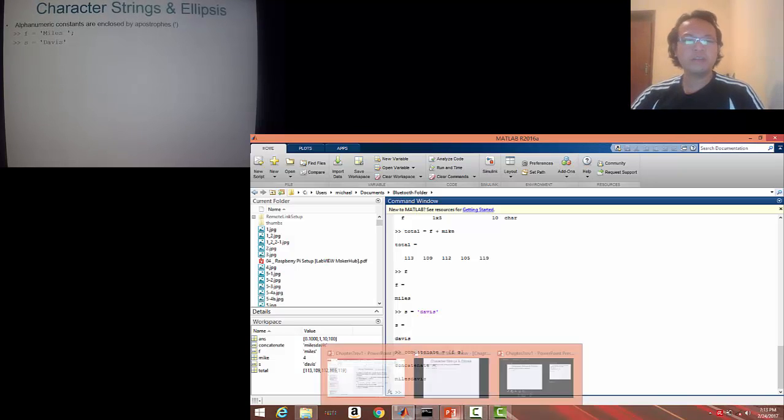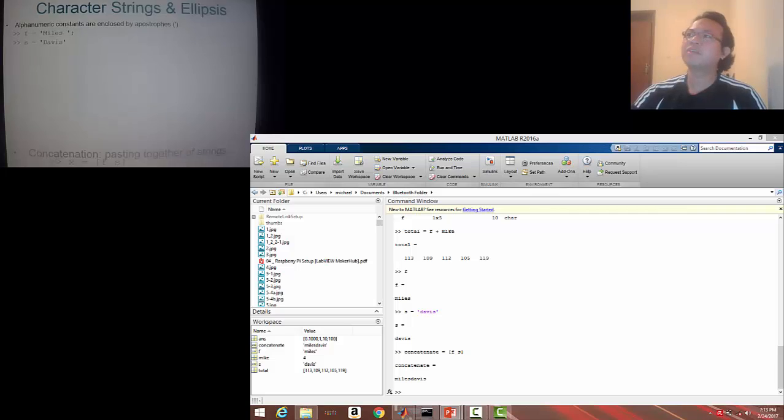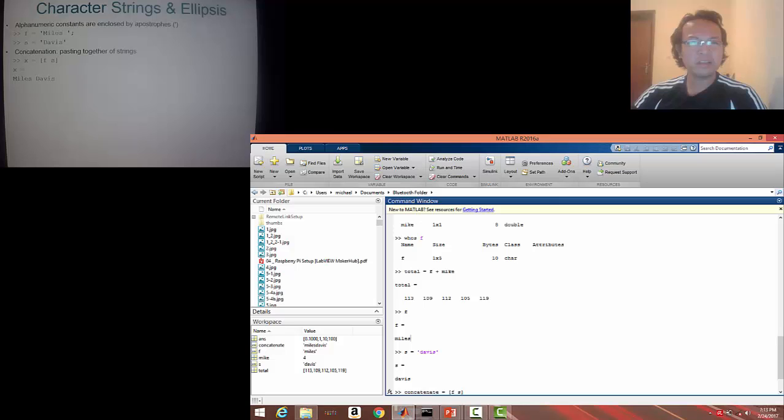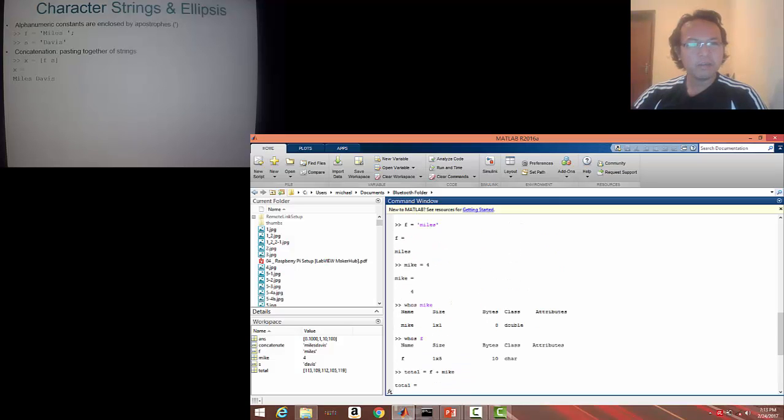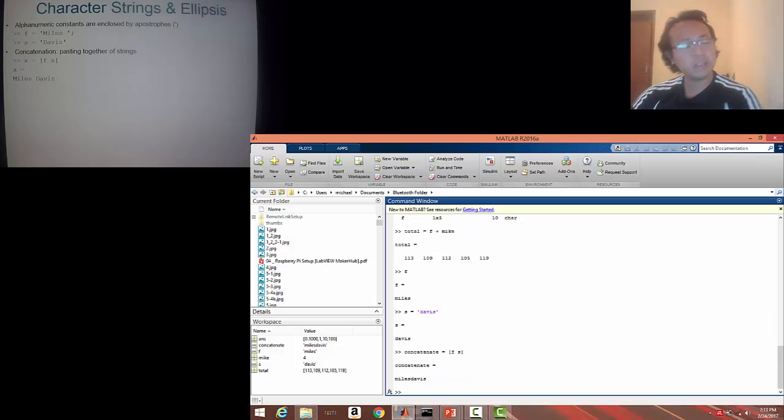Okay, so it's like you add them. Concatenation, pasting strings together, F, S. So you have Miles Davis. If you look here, there is a space, because F has no space, but S has a space. That's why when you concatenate them, there is a space here, Miles Davis.